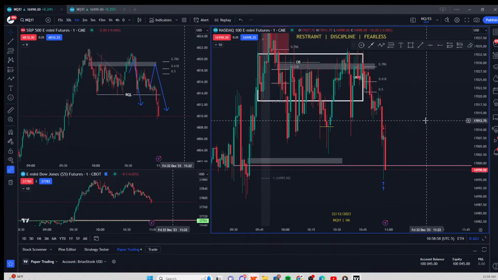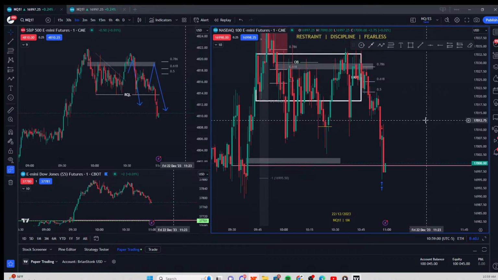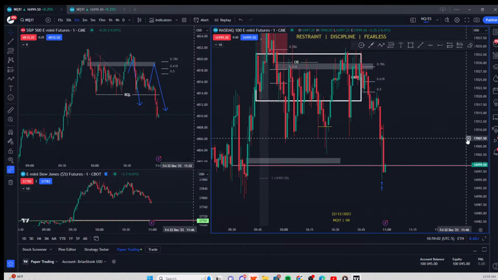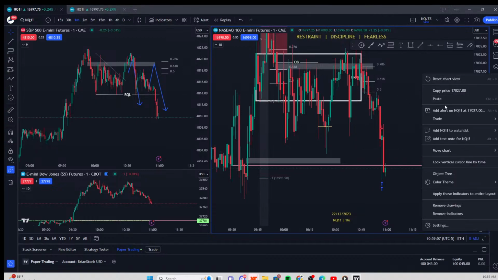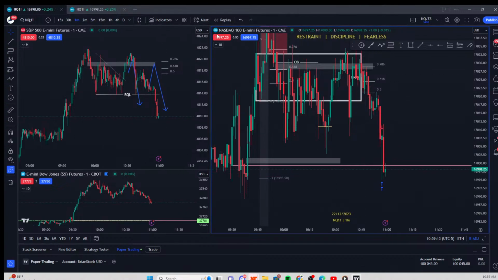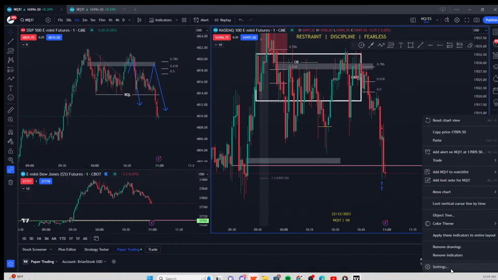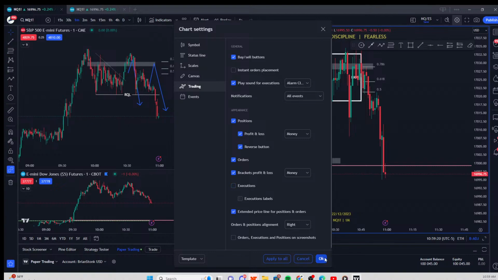If you want, you can add the long position or short position to the chart and right click. But that takes a lot of time though. You gotta right click it, and then press trade, then press create new order. Is there no just buy, sell or something? Uncheck executions. Oh, there it is.